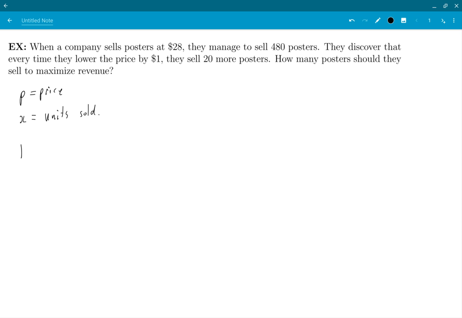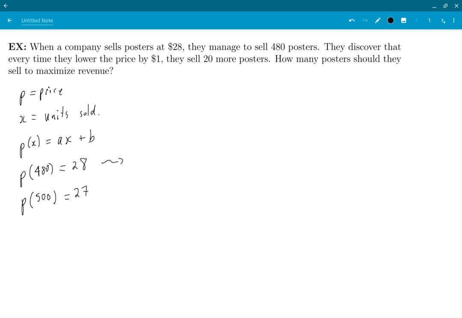From the question, we know it's going to be a line, so P equals AX plus B. And we know that when you plug in 480 for X, you get 28 as your price. And when you lower the price by 1, you sell 20 more posters.